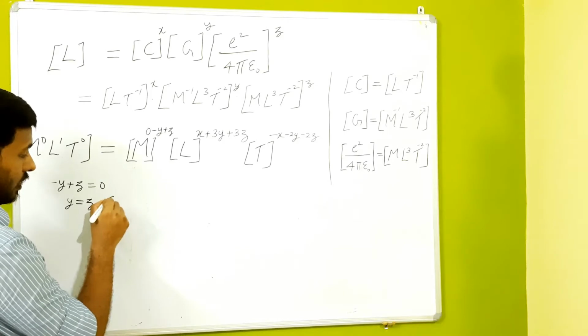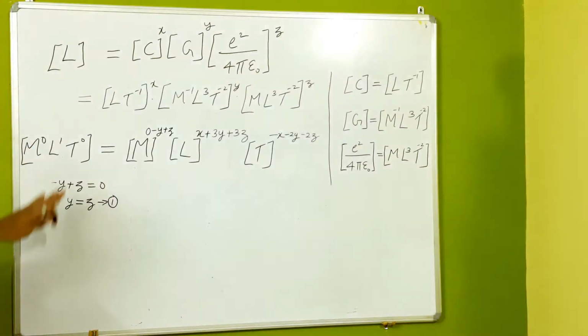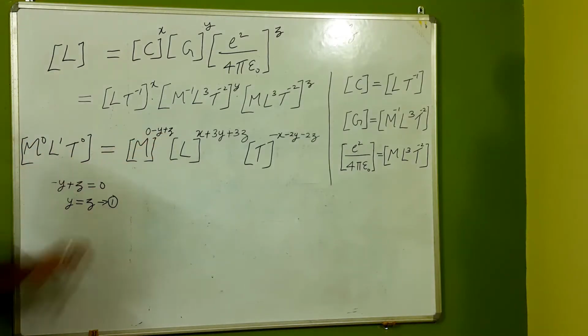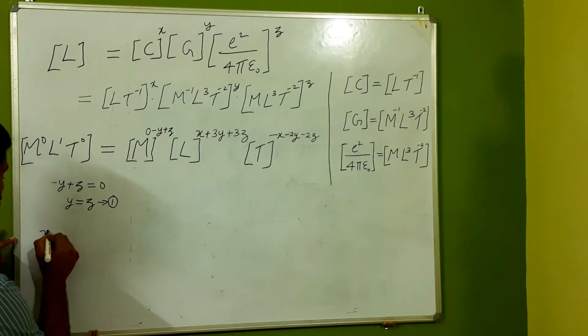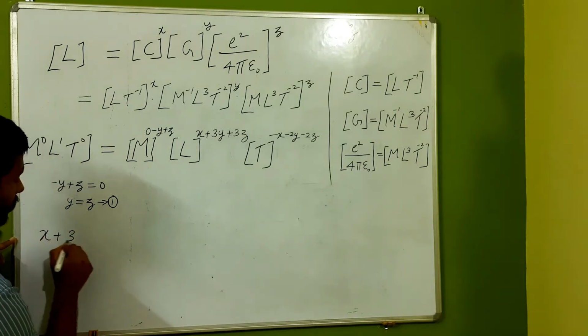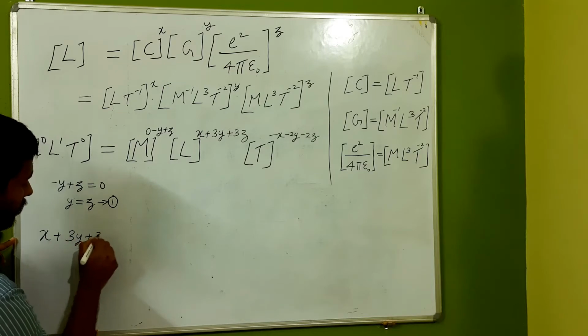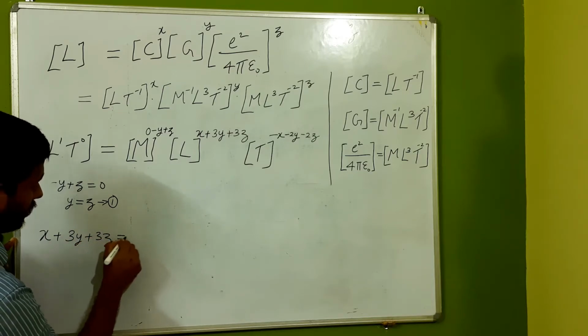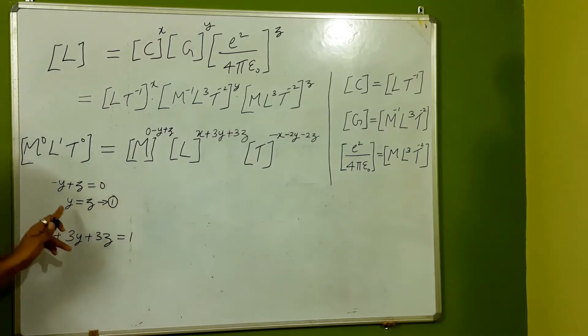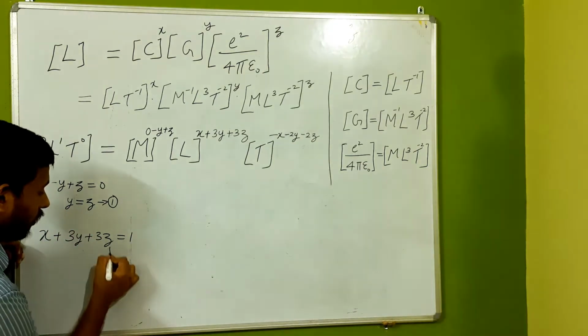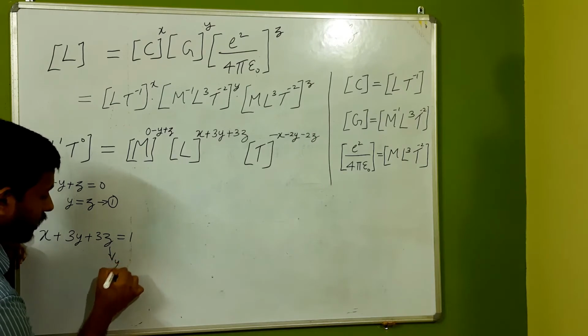So this is the first equation, and from this term we have x plus 3y plus 3z is equal to 1. But we know that y is equal to z. So I am substituting y for z.